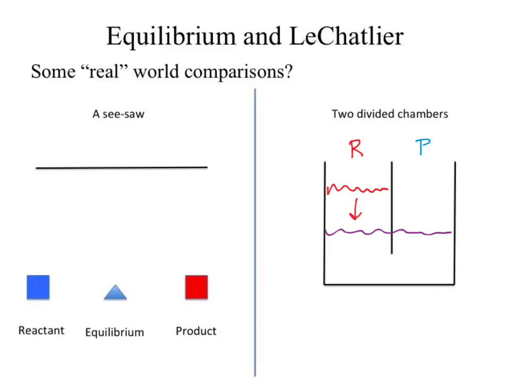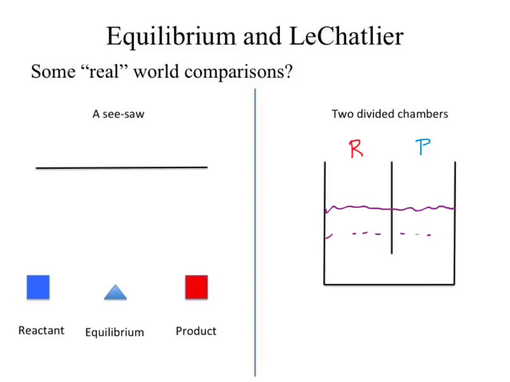This level is going to drop and this one's going to rise until what happens? I achieve a new balance. That new balance is now my new equilibrium.